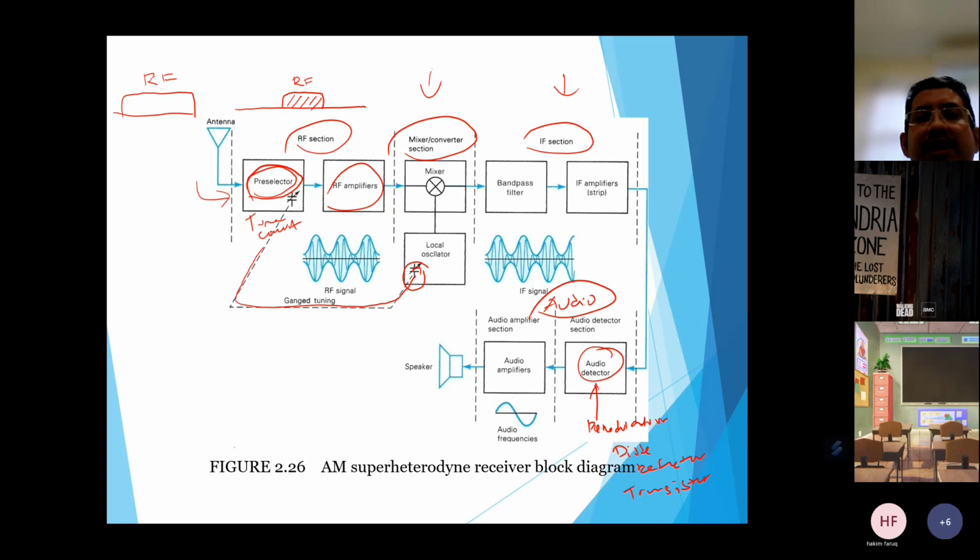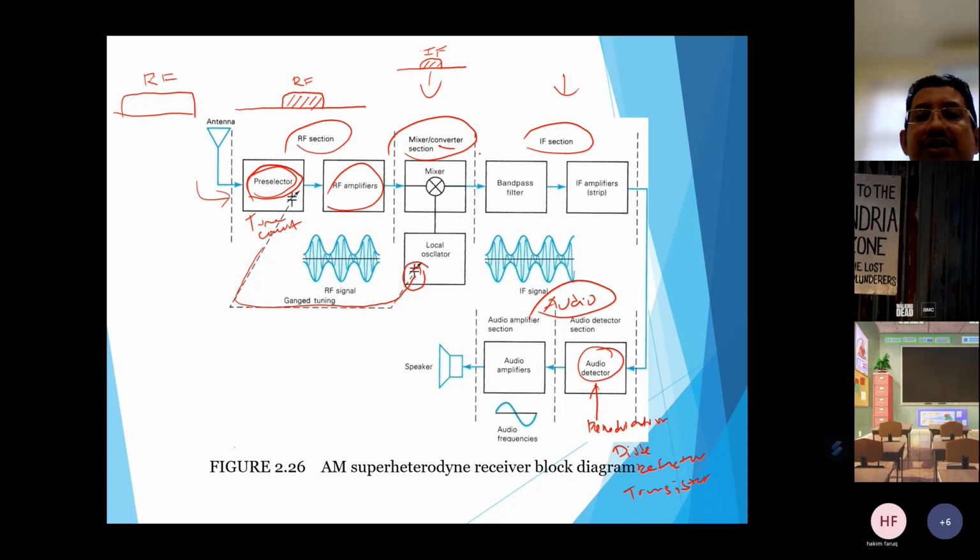Okay, dan apabila dia masuk kepada mixer converter, apa yang berlaku adalah dia akan ditukarkan kepada IF, intermediate. Okay, so the purpose of converter here means that we will down convert the frequencies. We will down convert the frequency band kepada intermediate.